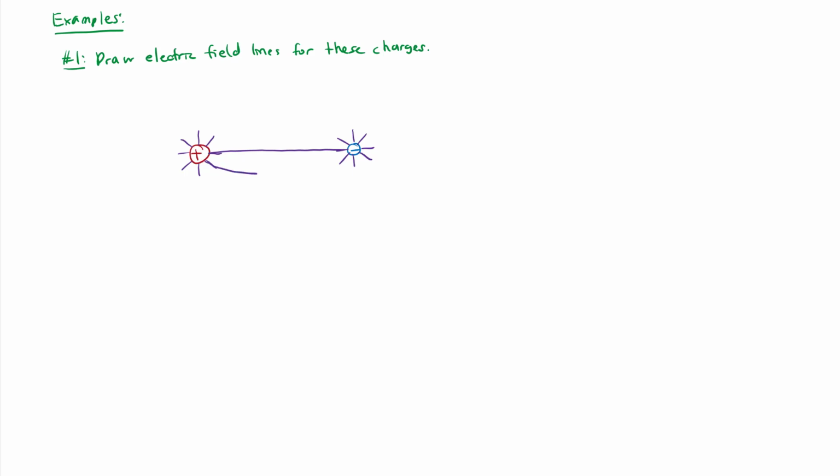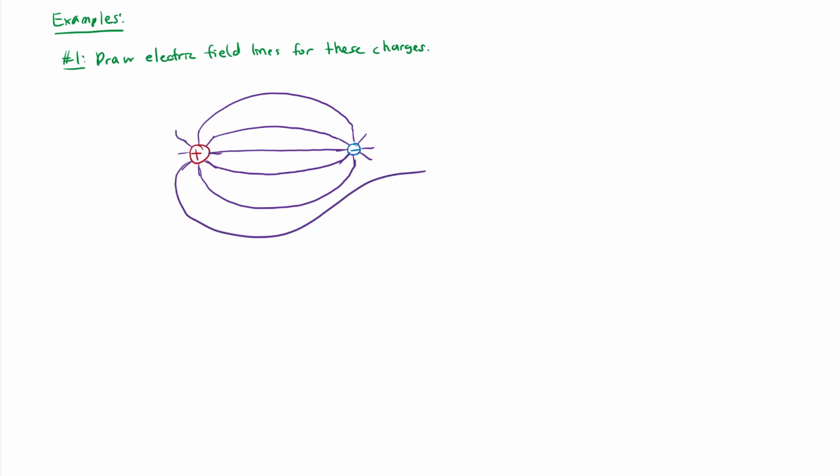This means this would also do the same, as well as this. This one up here would go out and in, like that. You'd have these ones going like this. And this is just an approximation. And if I added a few more field lines, this one would go here, and we could have more like this, just as an example.